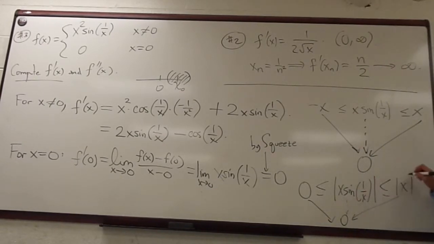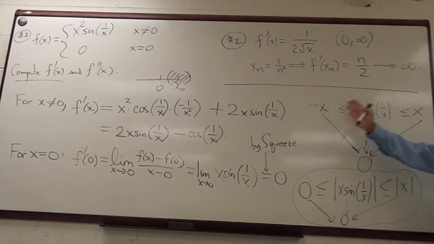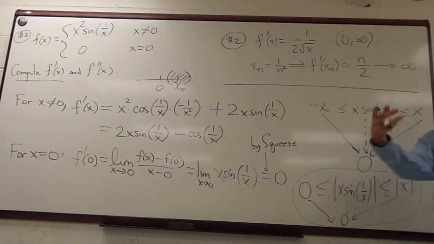The only reason I slightly prefer this over the other is that on this one I have to be careful that x is a positive number, because if x was equal to -3, you'd have 3 less than or equal to something less than or equal to -3, and that would be nonsense. The whole thing is flipped the wrong way around.